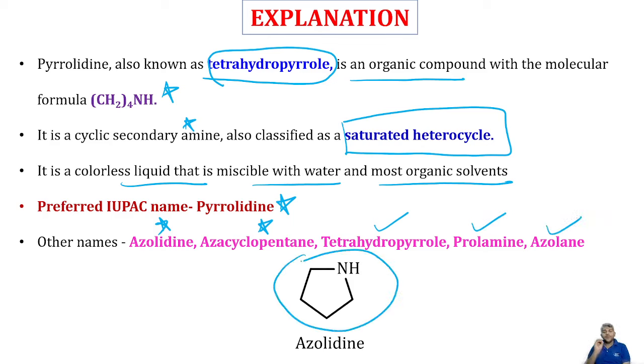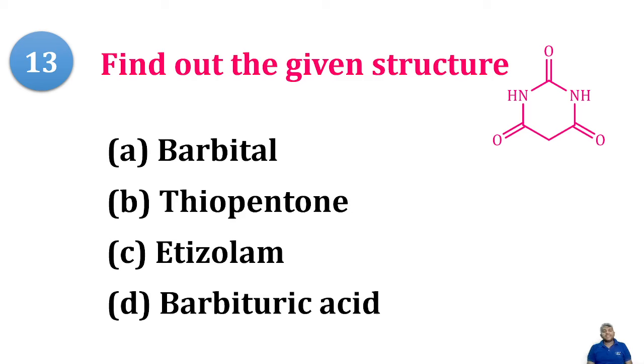So you just have to remember each and every point that I am going to tell you, whether it is written on the slide or not. Next question for you: we have to find out the given structure.